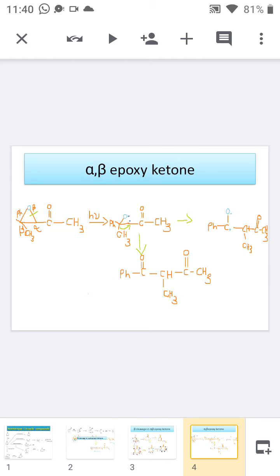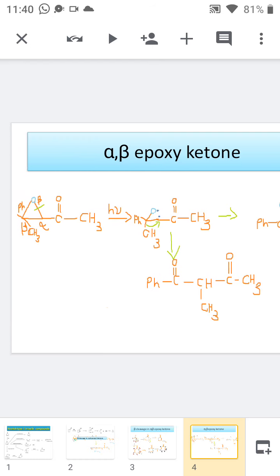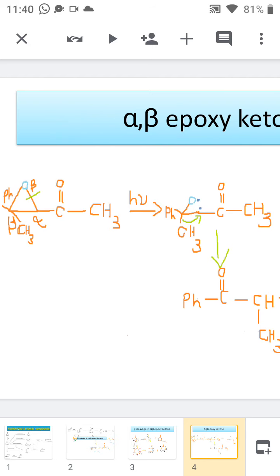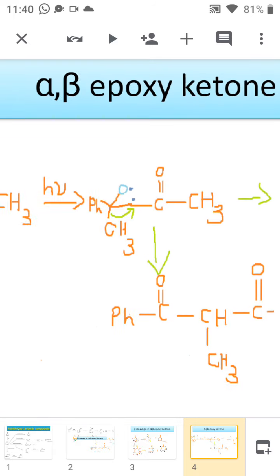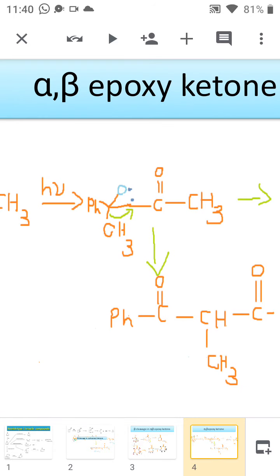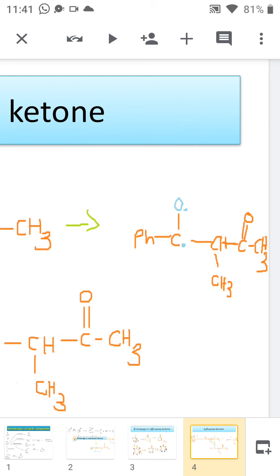Now we are moving into another example, that is alpha beta epoxy ketone. Here we can see that the ketone is attached to an epoxide. So instead of the carbon-carbon sigma bond, here we break the alpha beta bond of carbon and oxygen and form two radicals, and here there is no hydrogen for hydrogen abstraction, that's why the methyl group is shifted and forms a radical like this.